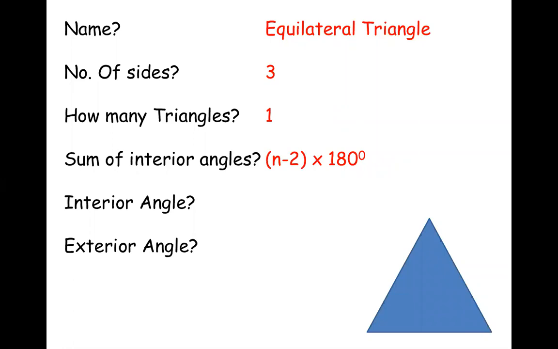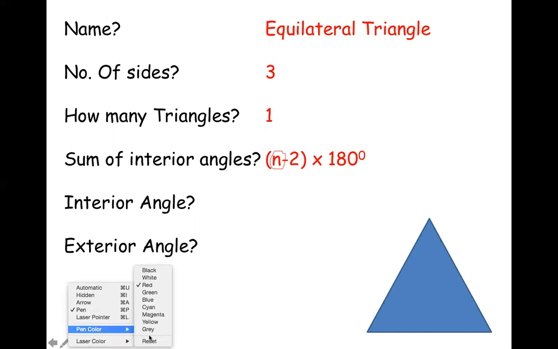But not when it comes to a square, a pentagon, a hexagon, a heptagon, it's not going to be 180. So how to figure out the sum of all the angles inside, the interior angles? We use this formula: (n minus 2) times 180, where n is equal to the number of sides.